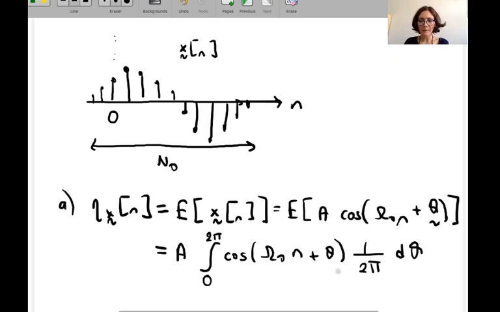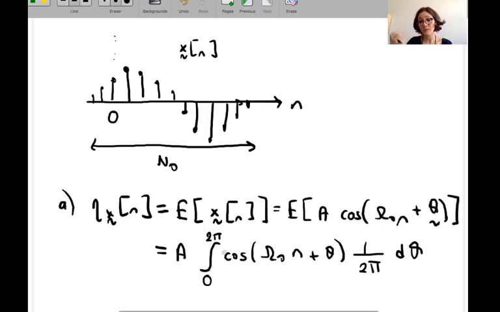Now, if you look at what's happening here, from the perspective of this integral, theta is our variable of integration, and this first term, omega 0 n, is something constant, right? If you think about it, you can simply regard this omega 0 n term as some phase term, and then here we have some cosine function of theta integrated over a period.